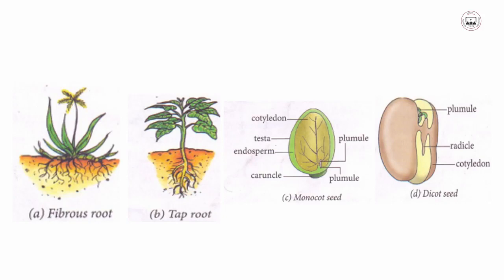Now, another task that I can give you: we have very few examples here, but as you discover more, you can also look into more examples of monocots and dicots. So take a vast experiment where you can be observing different kinds of seeds to see if they are monocotyledonous or dicotyledonous.